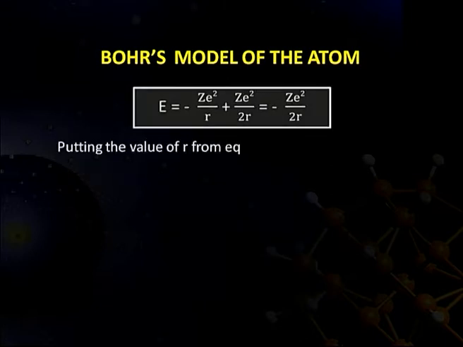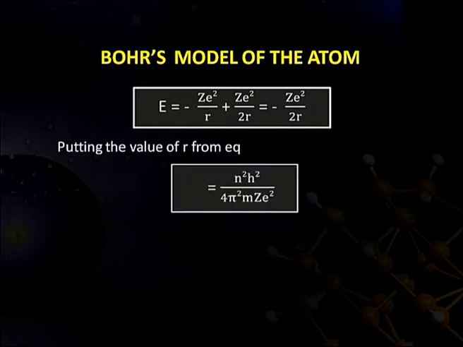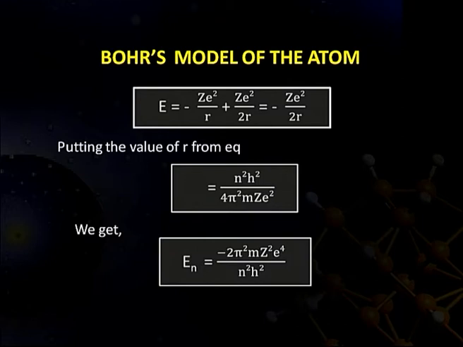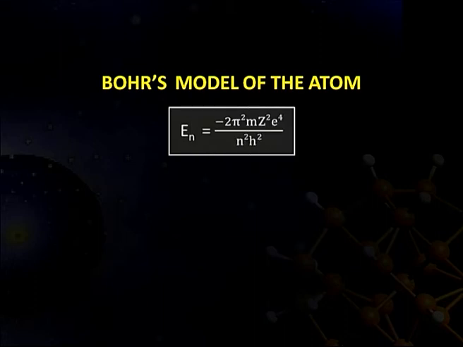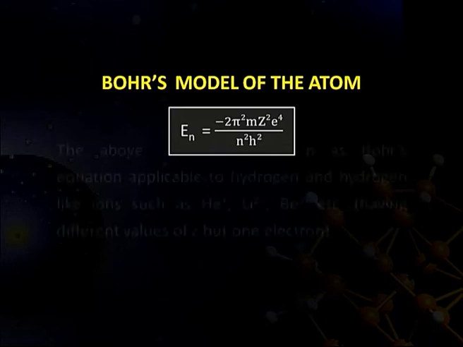Putting the values of r from the equation above, we finally get the energy equation En = −2π²mZ²e⁴/n²h². So, this is the final equation for getting the energy of an orbit.